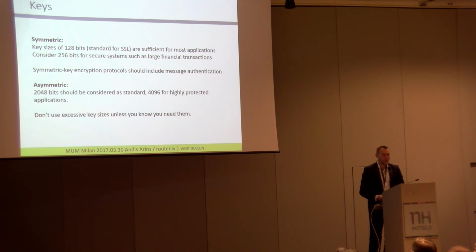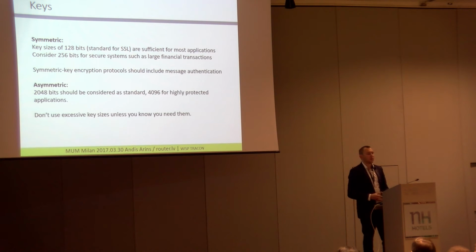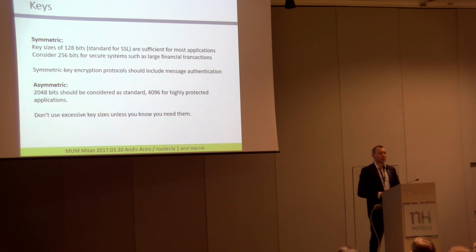For asymmetric, it was around 1024 bits earlier. And now 2048 already is considered for the standard demands, and 4096 for highly protected applications. MikroTik router supports even higher ones, but then it also has a significant load on your CPU.